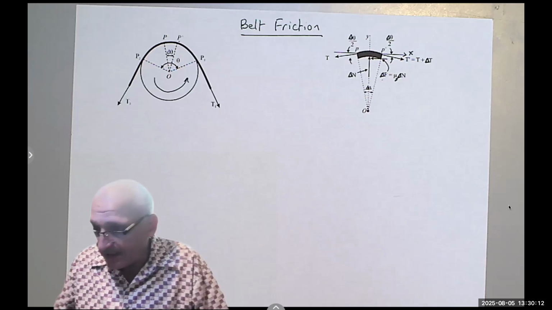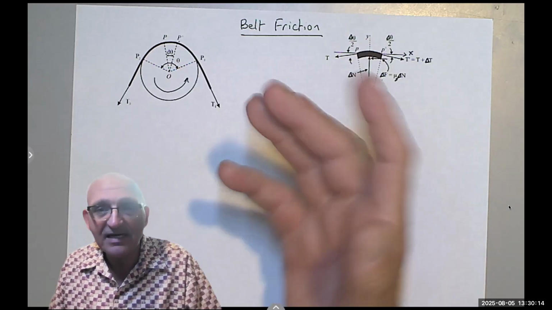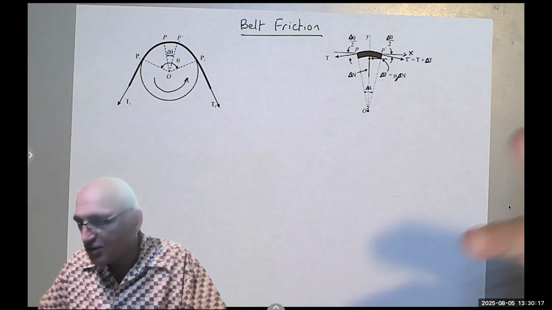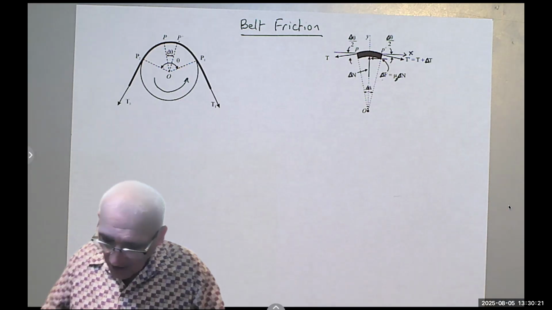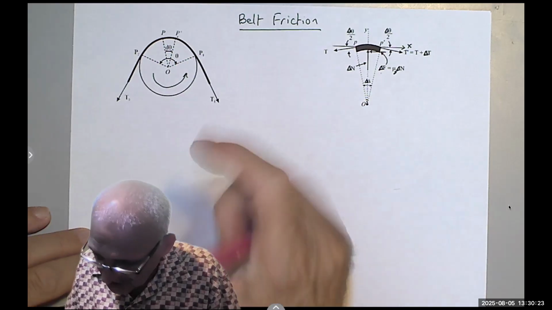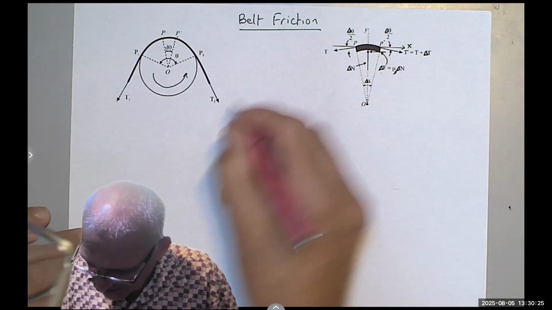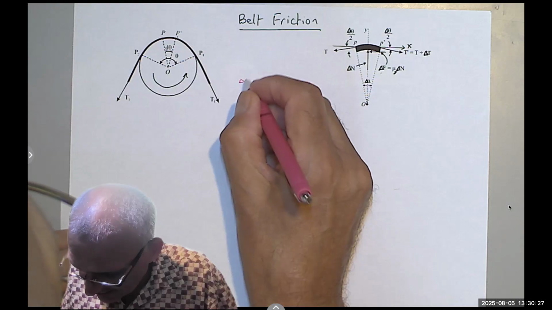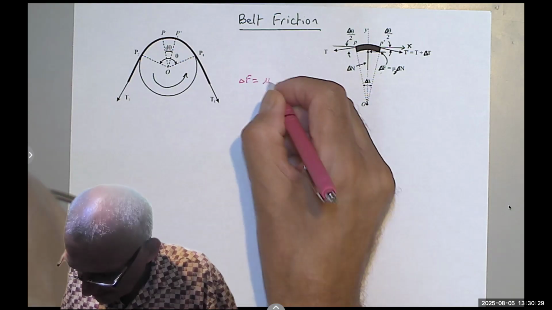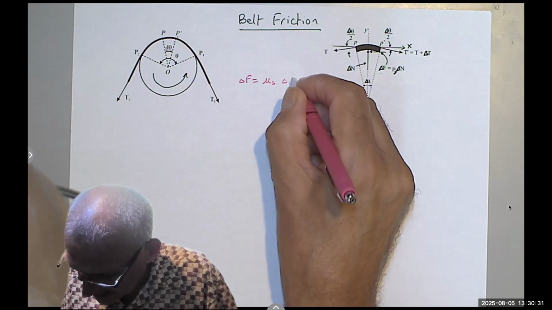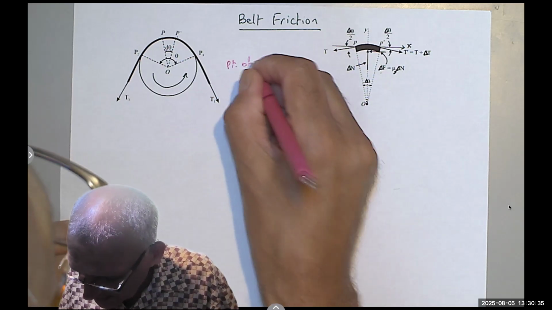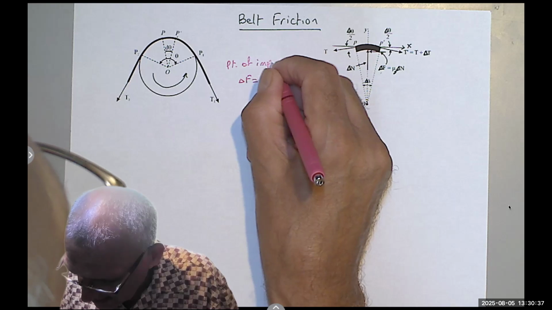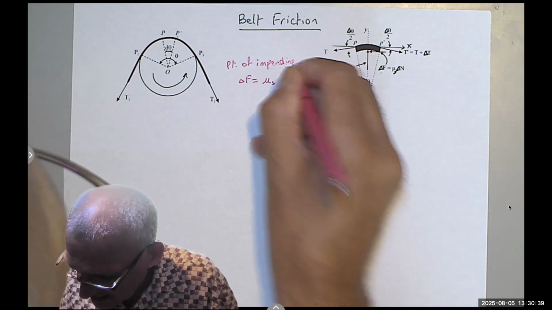Okay? Now we're going to take that and analyze it, to come up with an equation for the belt friction. So let's take the summation. First of all, we have this equation, as we always say, delta F equals mu sub s times delta N. And this point is the point of impending slippage.